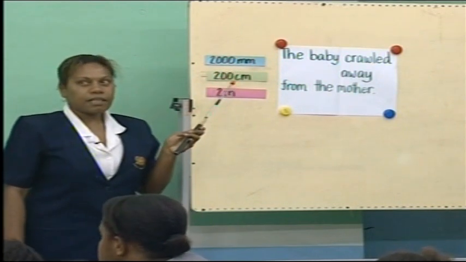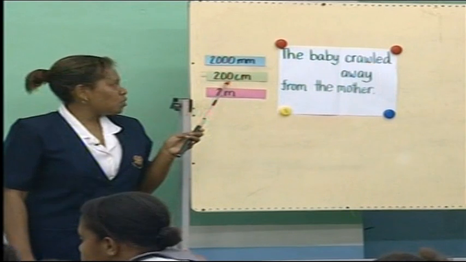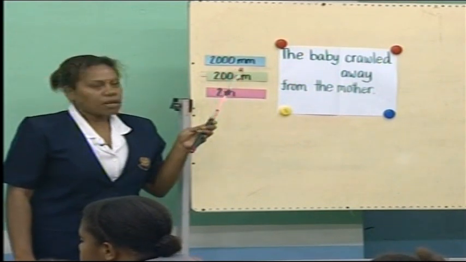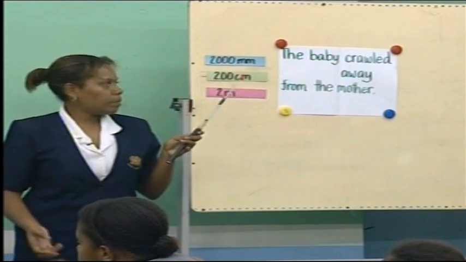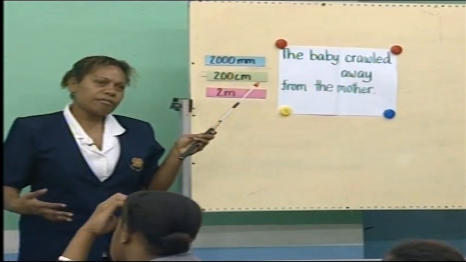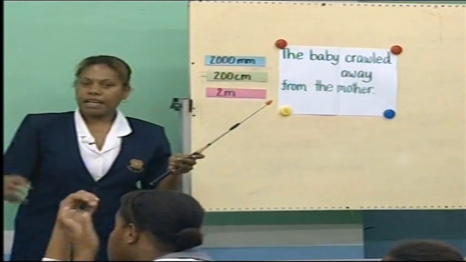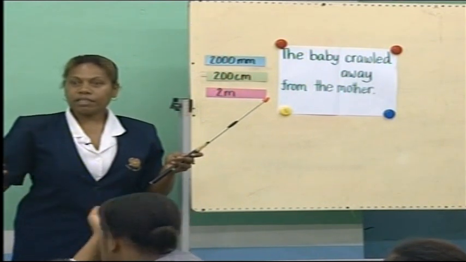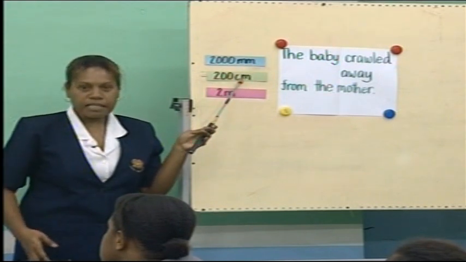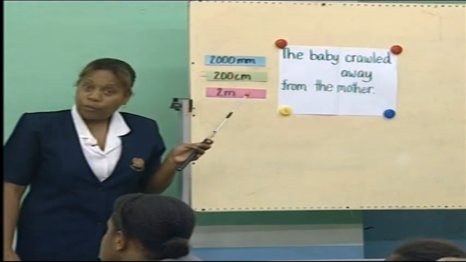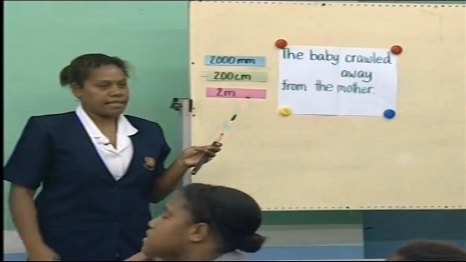But it's not really appropriate when you say the baby crawled 2,000 millimeters away from the mother, or the baby crawled 200 centimeters away from the mother. It's sort of like a very long distance. So when you put these units here, millimeters or centimeters, the appropriate unit is meters.